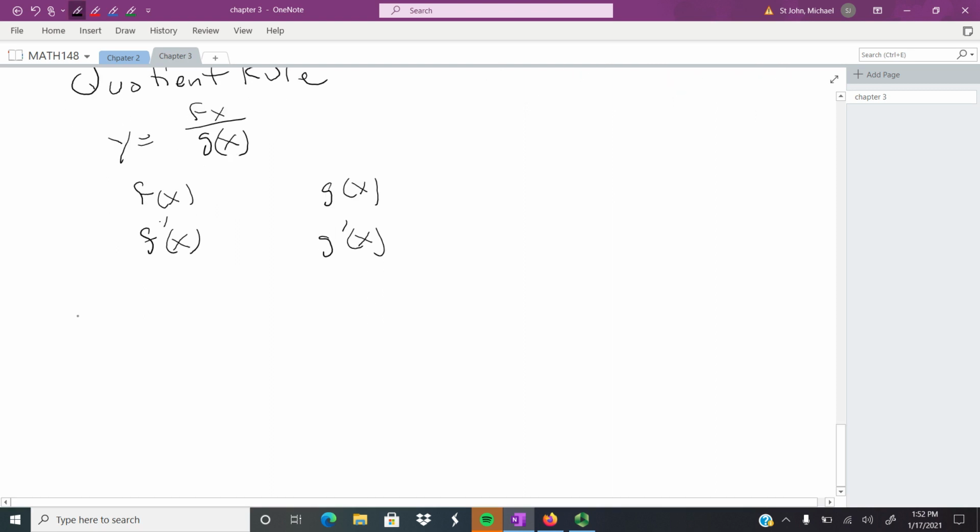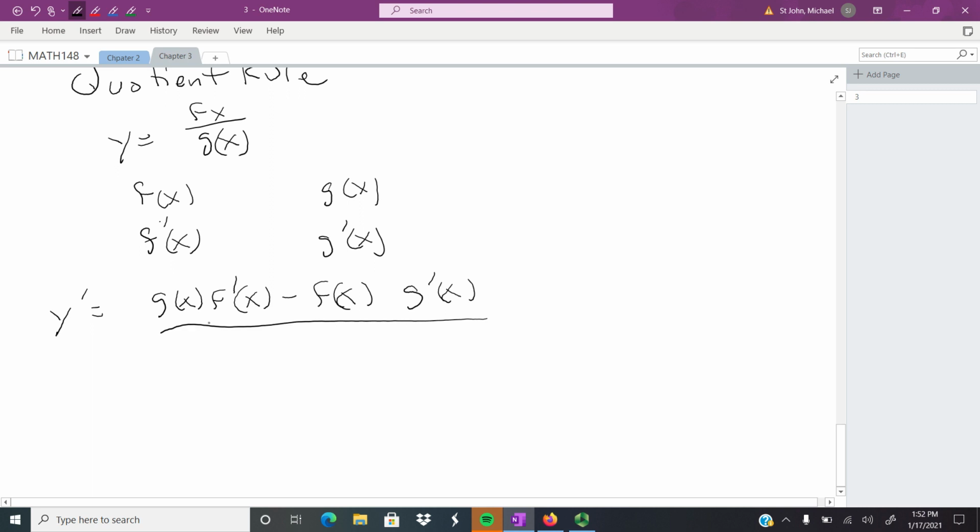So then my quotient rule is given by this: g of x times f prime of x minus f of x times the derivative of g, over g of x squared. Right?